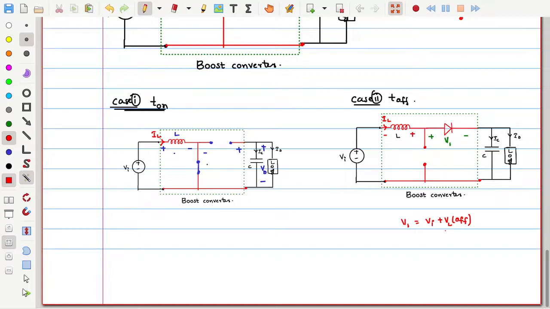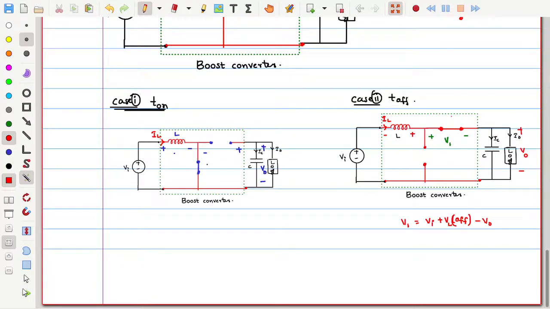Off state voltage: V1 minus V0. This is the output voltage. I am just writing a simple KVL equation, but I wrote it directly. Now the voltage across the diode will be positive and the diode is going to be in forward direction, so this is going to be on.